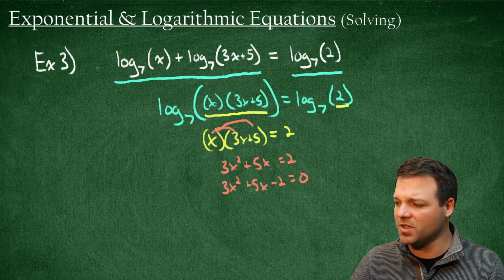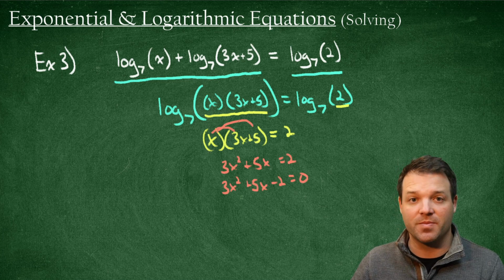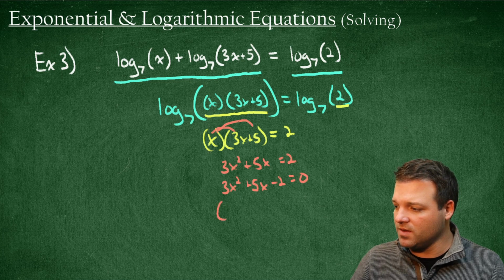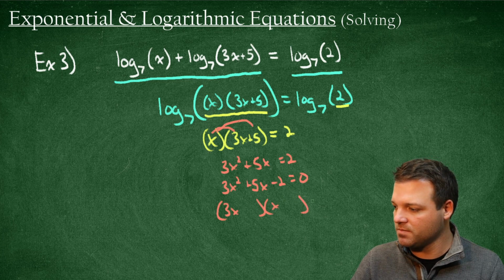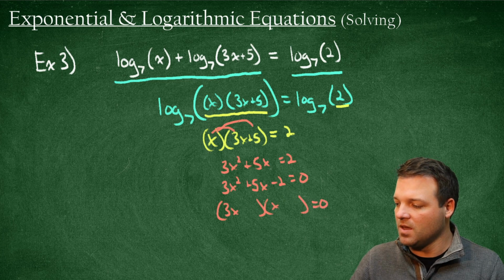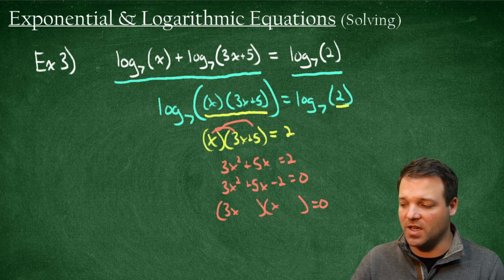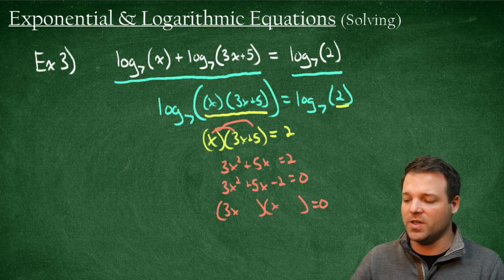And then I'm going to factor this by guess and check. Since I have 3x squared, the first terms have to be 3x and x. And since I have negative 2 here, this can either be 2 and 1, or 1 and 2, vice versa. And also, since it's a negative, this has to be plus and minus, or vice versa. So how do I figure this out?